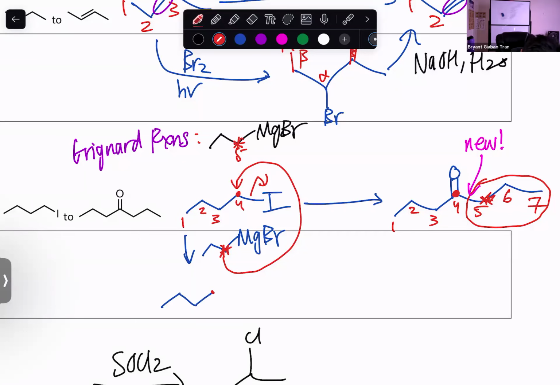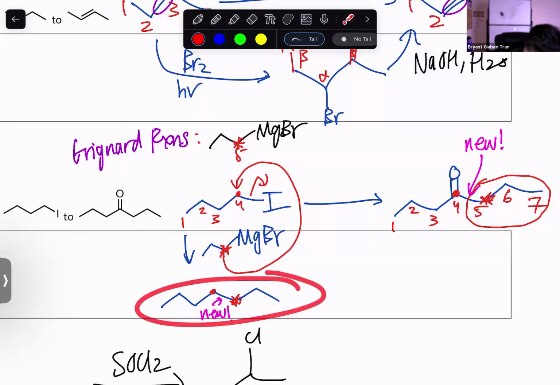So make a new bond between the star and dot. The dot is attached to 2 other carbons, 1, 2. The star is the nucleophile, the partial negative charge. The dot is the electrophile, the partial positive charge. When this nucleophile attacks the electrophile, the star attacks the dot, we kick out the leaving group, and the MgBr dissolves away. Right?